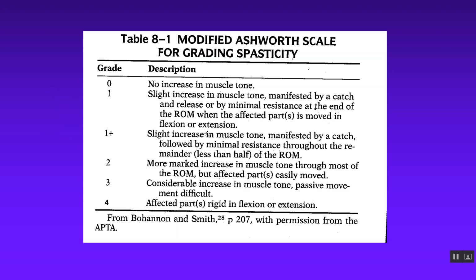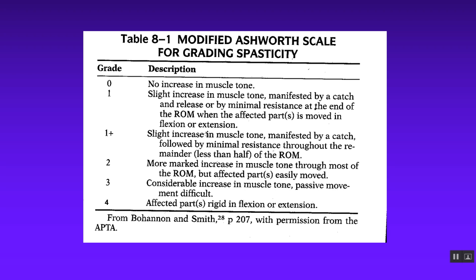So here is the modified Ashworth spasticity scale. A 0 is actually normal, means no increase in muscle tone. So this is defining spasticity with a 0 being normal. It doesn't mean they're flaccid. If they were flaccid, you would say patient is flaccid or hypotonic. A 0 is normal for the modified Ashworth scale, which is a little bit counterintuitive.